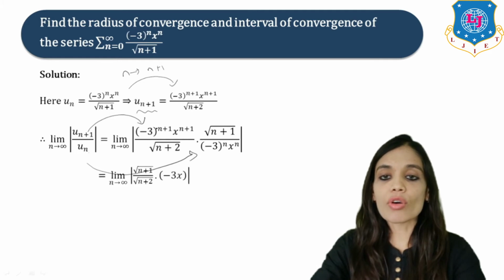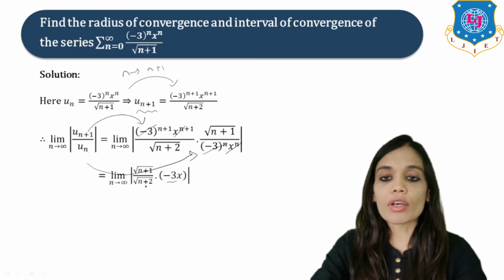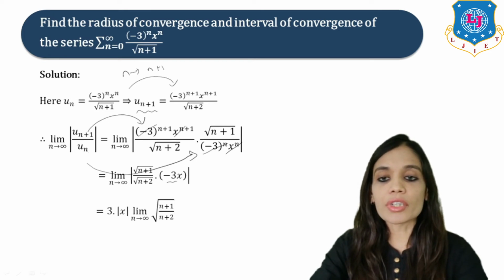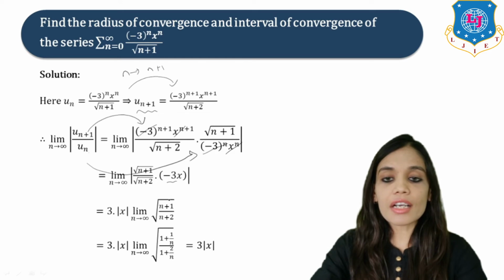On simplifying, (minus 3) raised to n cancels out, so only minus 3 remains, and x raised to n also cancels out, so only x remains. Put the rest as it is, that is square root of n plus 1 upon square root of n plus 2. Now take the constant term outside the limit, so you get 3 times mod x into limit n tends to infinity square root of (n plus 1 upon n plus 2). Now let us take n common from the numerator and denominator.